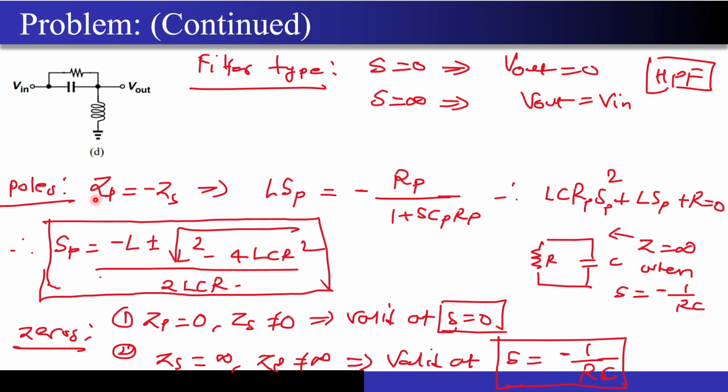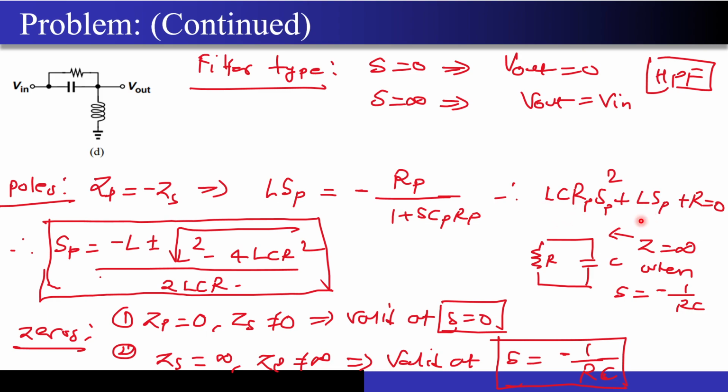Now how to find out the poles? Again you have to take the impedance of this part and equate it to the negative of the impedance of this particular part. For the parallel path, what I have over here is Rp upon 1 plus s Cp Rp, and for this particular part I have Ls. So I just have to equate them as negatives of each other.